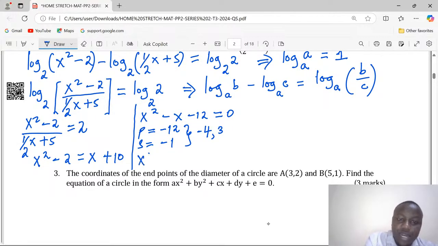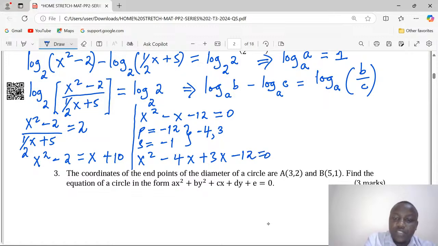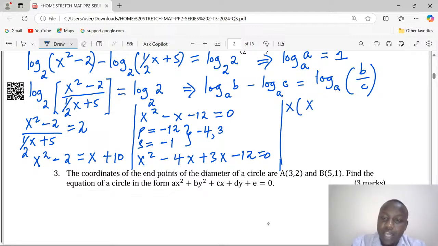So x squared minus 4x plus 3x minus 12 is equivalent to 0. In every two terms, we factorize. In the first two terms, we factorize x to remain in brackets with x minus 4. In the other two, we factorize 3, so that in brackets we remain with x minus 4.